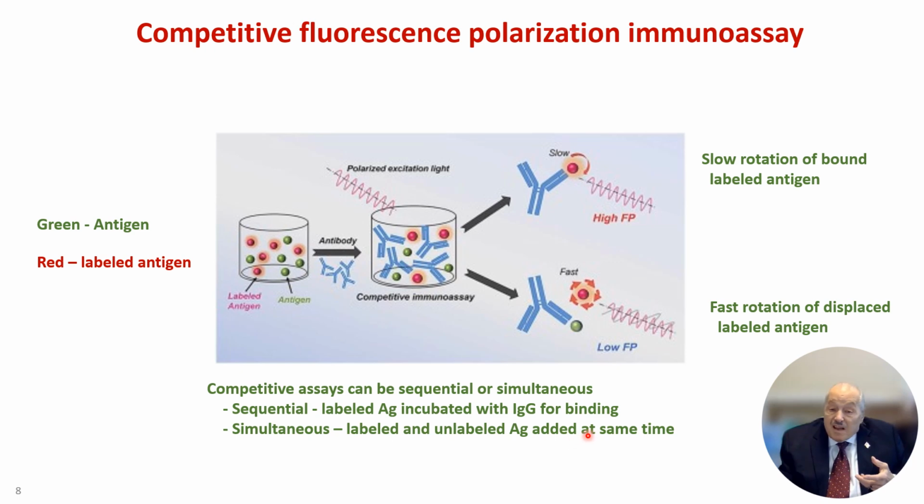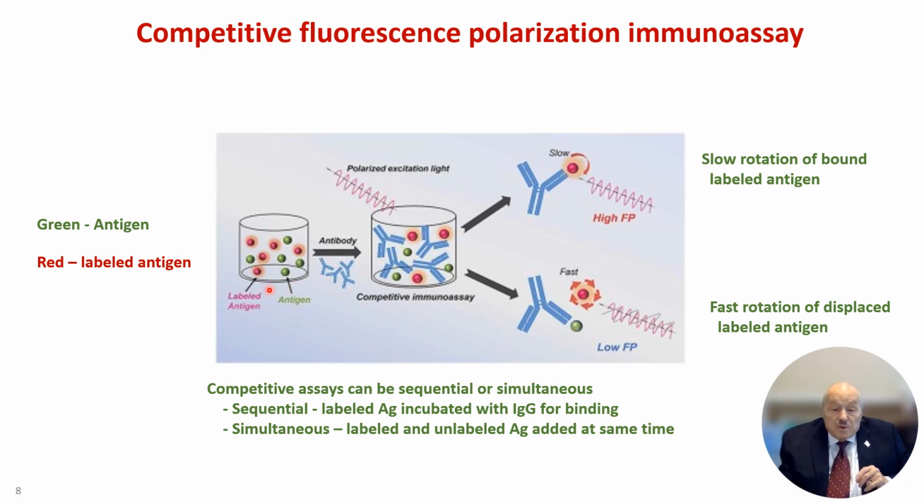I'm going to go through this slide again because this is one of the fundamental concepts, and it's very easy to get mixed up on this. I think the way this would probably be done in practice would be by a sequential addition of antigens.